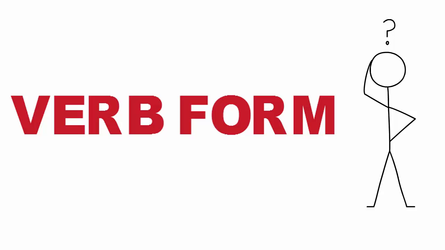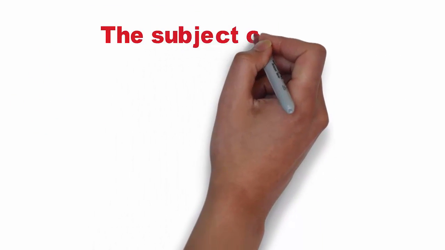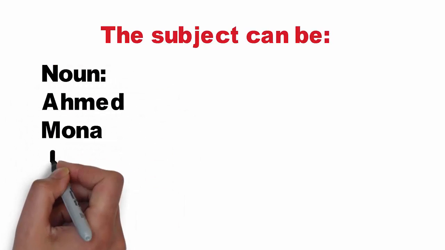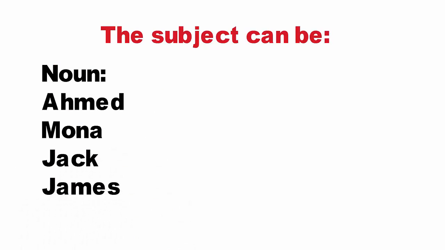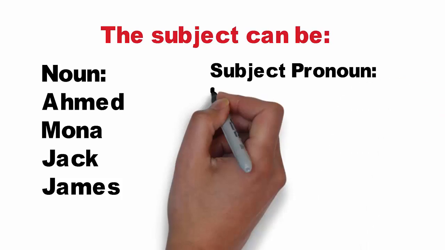Okay, so before we start this, we should know that we have two groups or two teams to make it easy for you. And here we are talking about the subject of the sentence. As you know, any sentence should start with a subject. The subject can be Ahmed, Mona, Jack, James, or I, you, he, she, it.